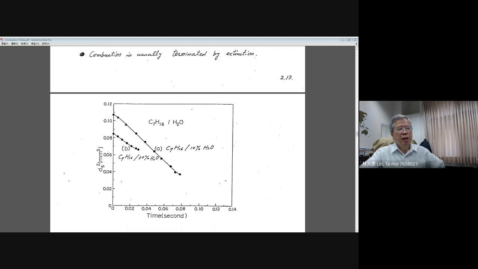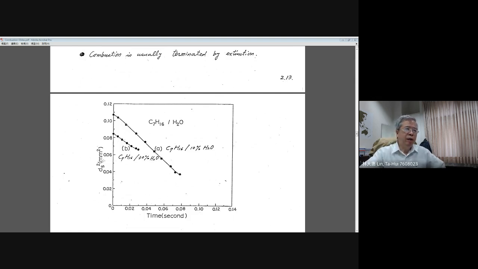That means the evaporation constant is small compared with case A. Case A has a larger slope and extends to a longer droplet lifetime compared with case B. This is simply explained by the addition of water, because you have more water in case B, so the burning intensity of the diffusion flame is weaker, and they also have a shorter lifetime.